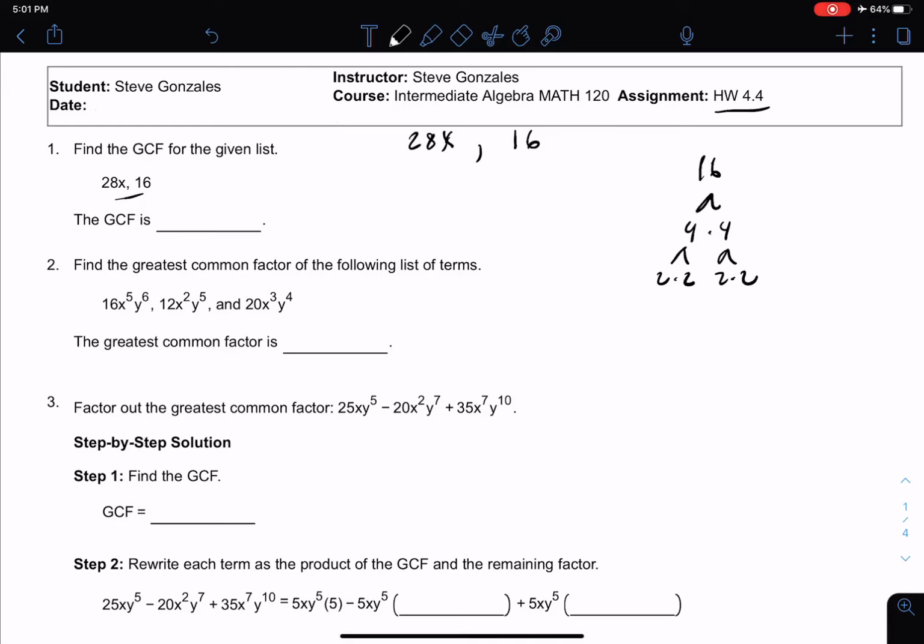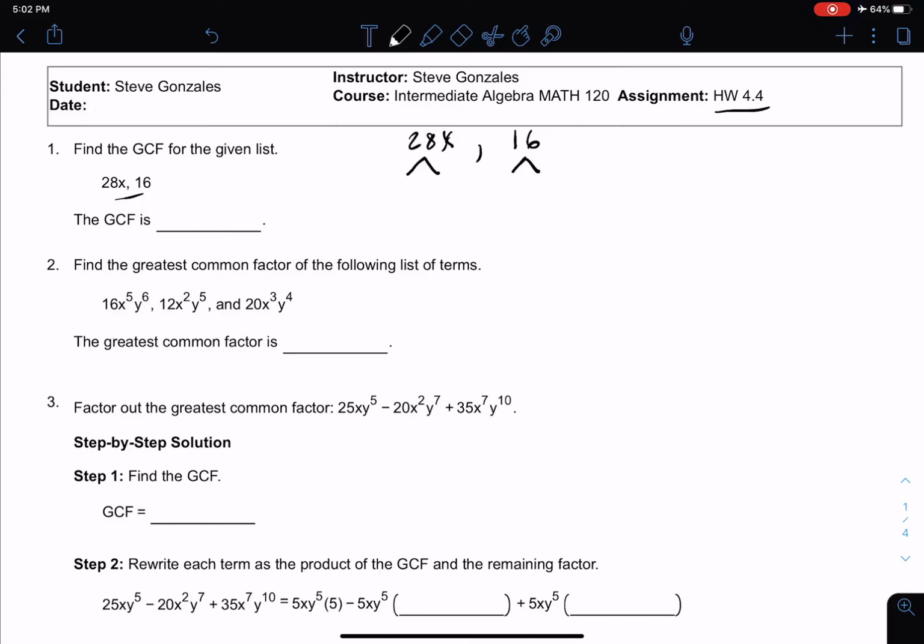We don't really have to prime factor it. You could do that, but at this stage you want to look at these two numbers and see, can I factor this down to having common factors, where factors show up on both lists, and I want the greatest, the biggest, so that's the G part, the greatest common factor.